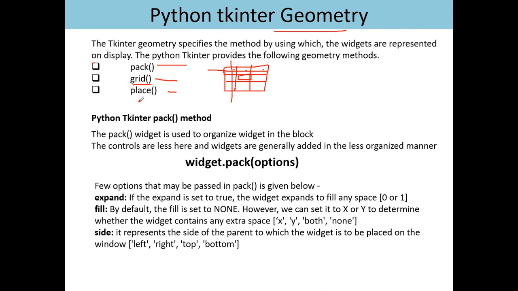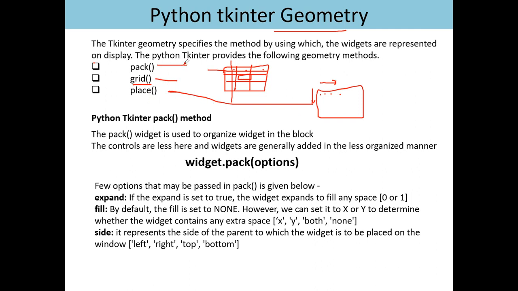Now, what is place? Place takes the whole screen as pixels: x pixels and y pixels. You have to specify in terms of pixels, the x component and y component, and there that component will be placed. So that is your place.